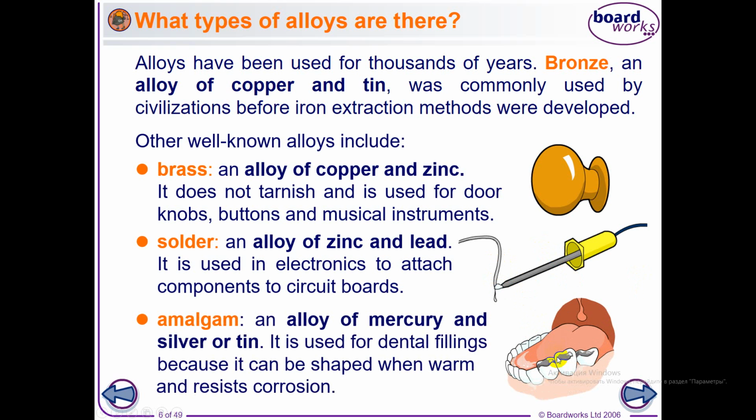Amalgam, an alloy of mercury and silver or tin. It's used for dental fillings because it can be shaped when warm and resists corrosion.